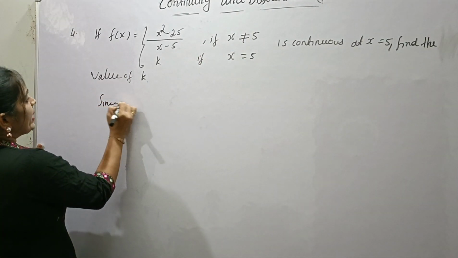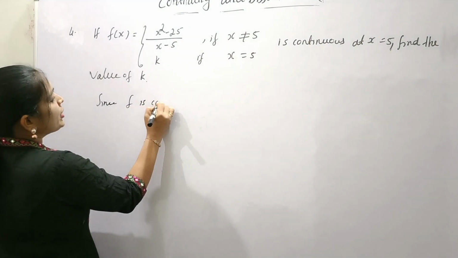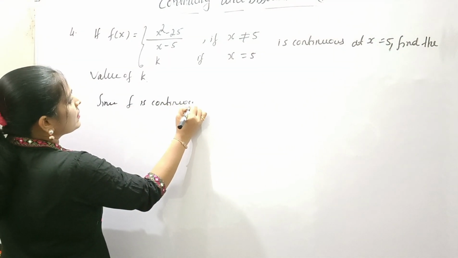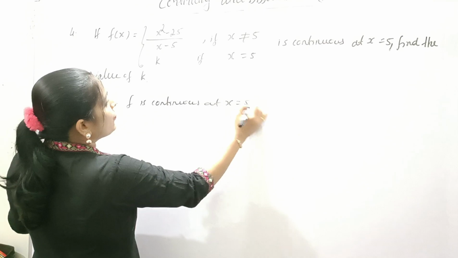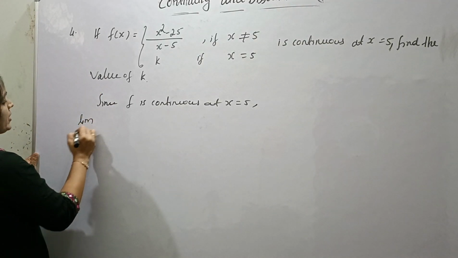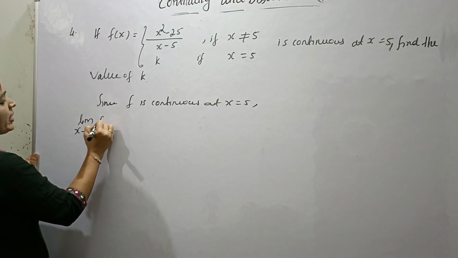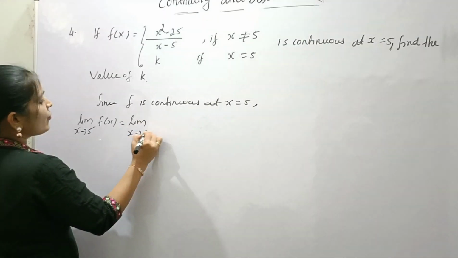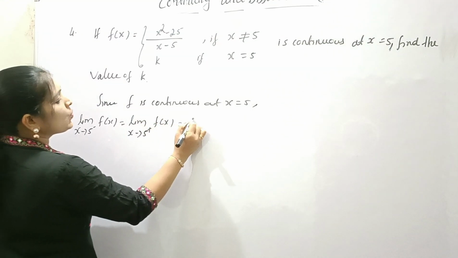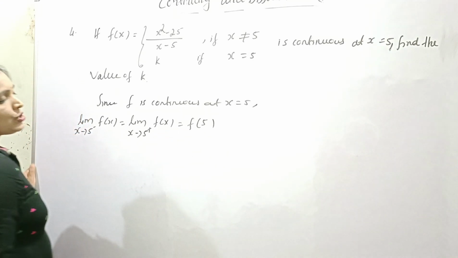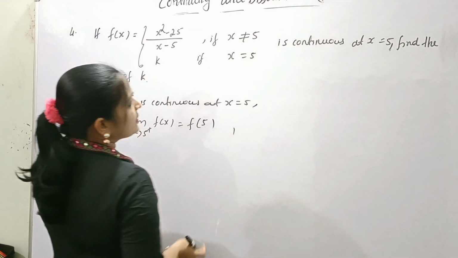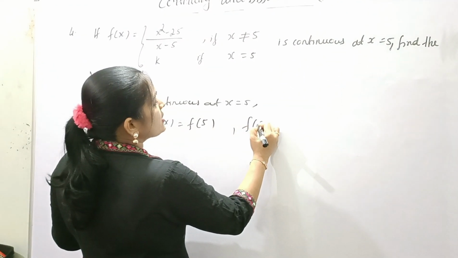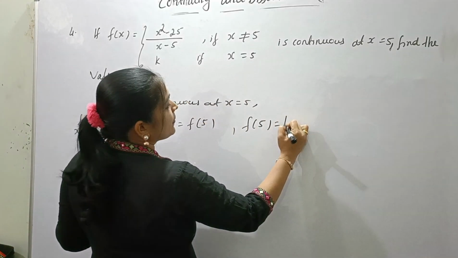Okay, so here we can write, since f is continuous at x is equal to 5, limit x tends to 5 minus f of x is equal to limit x tends to 5 plus f of x, that is equal to f of 5. So f of 5 is equal to k.